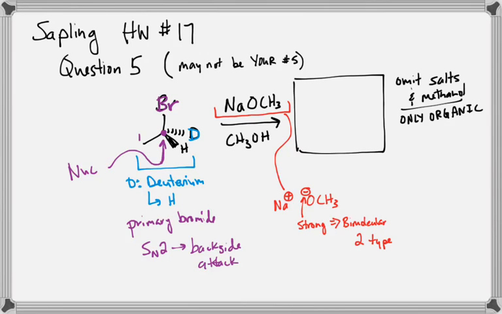Okay? Last thing that we could piece together if we really wanted to was looking at the methanol. That is our solvent. And you'll notice that this solvent is polar protic. Protic because we have the HO bond of our CH3 structure.